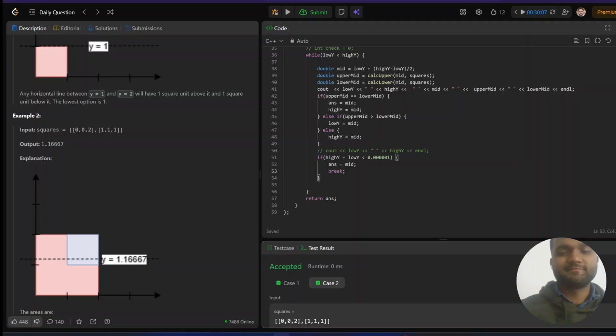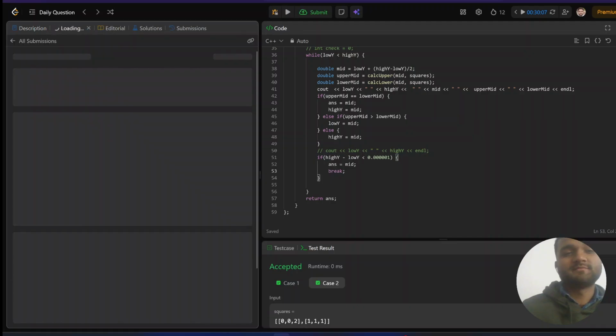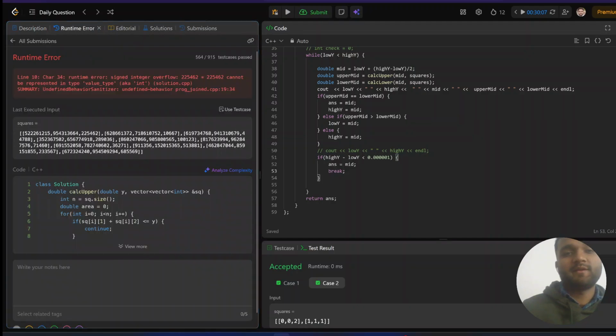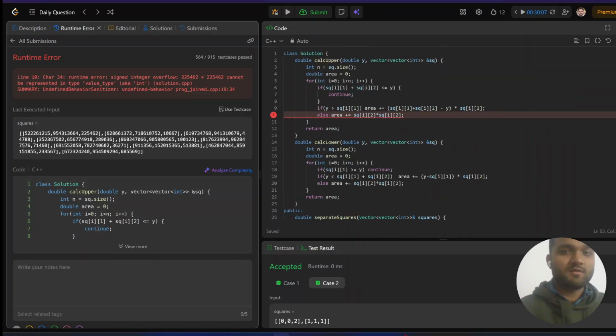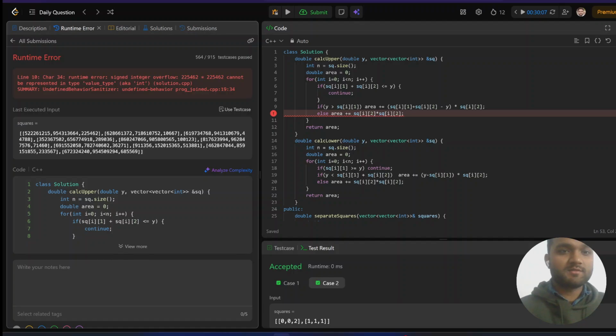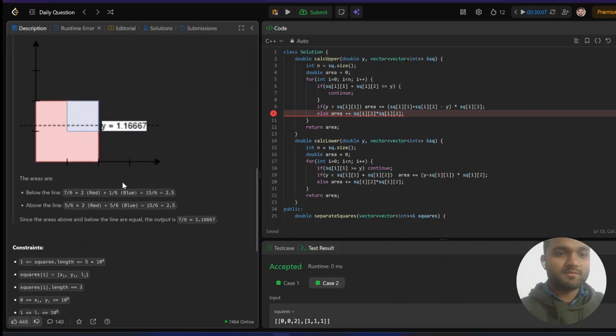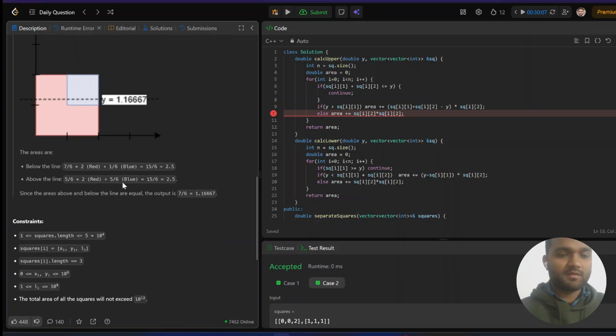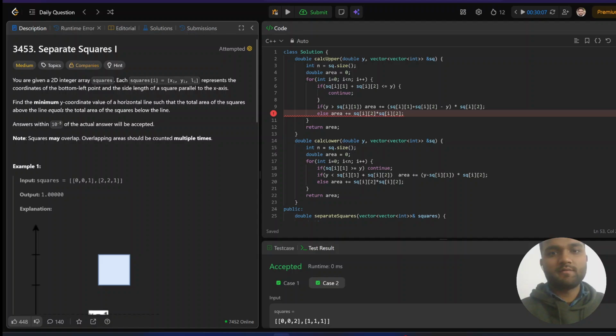Finally, let's see what happens when I try to submit it. I'm getting a runtime error and passed 564 cases. This got integer overflow. And the description there says it will not exceed 10 to the power 12.